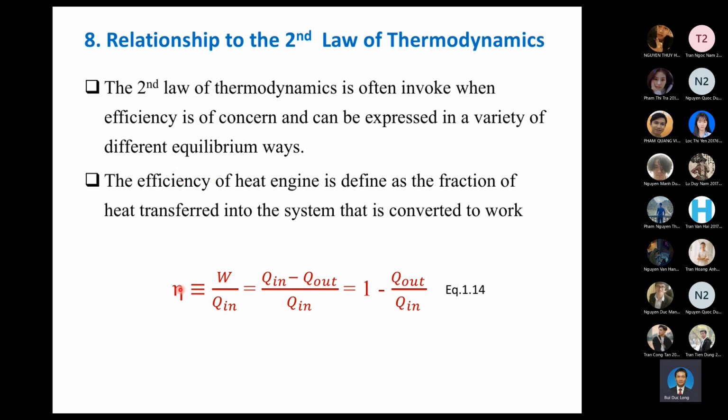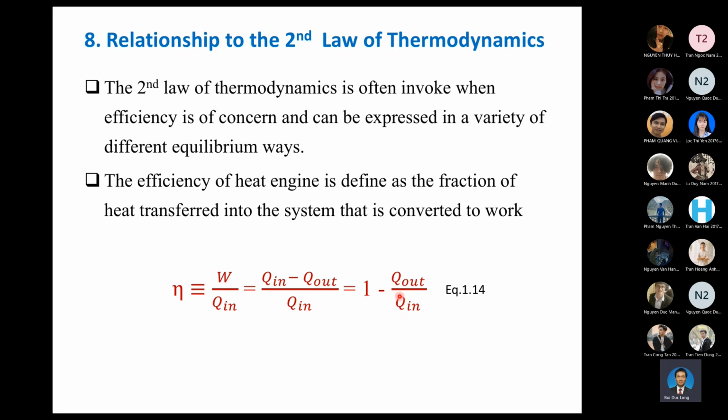So this efficiency equals the work done per heat transfer in, which is equal to the rate of heat transfer in minus the rate of heat transfer out, divided by Q in.